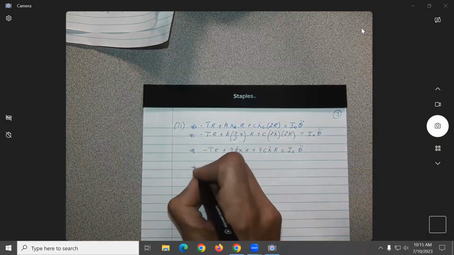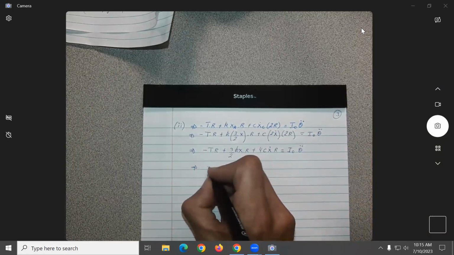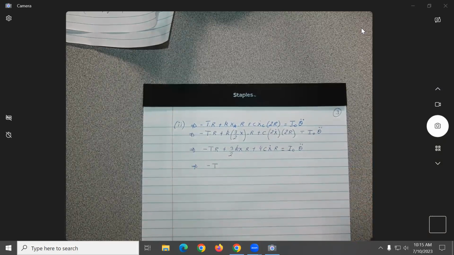Let me just rewrite this for convenience. I'm going to divide everything by r.